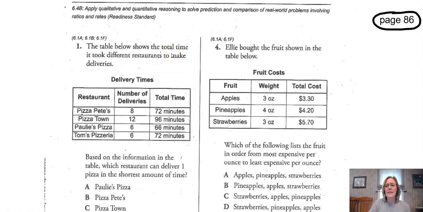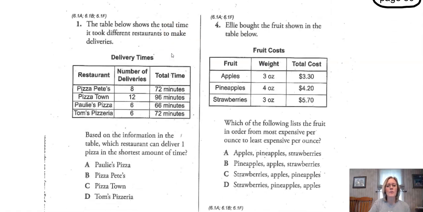Here we go. We're on page 86, and we're going to start on number 1. Just like before, I'll read the question. You need to pause the video, make sure that you are doing the problem before you come back, and then we'll check it together. The table below shows the total time it took different restaurants to make deliveries.